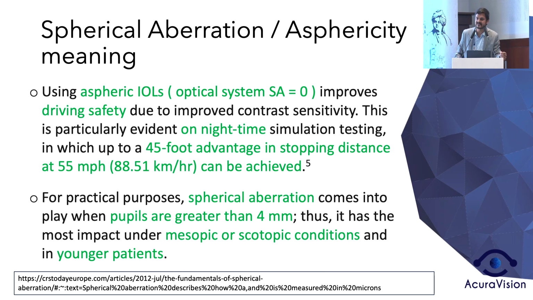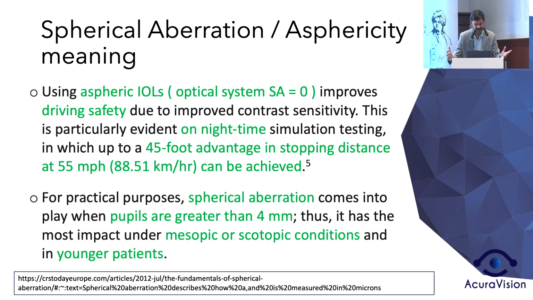Now, while these lenses are very, very rewarding, they do have some limitations. So if we look at aspheric IOLs, then this is a very unique article that I saw on CRS Today Europe, where you can get 10 pearls for using a spherical aberration based lens for your clinical practice, which says that if an optical system has spherical aberration of 0, it gives in nighttime driving a 45 feet advantage in stopping distance at 88 kilometers per hour, meaning that if you have a spherical aberration in your optical system, then your stopping speed or the judgment gets delayed by that point.